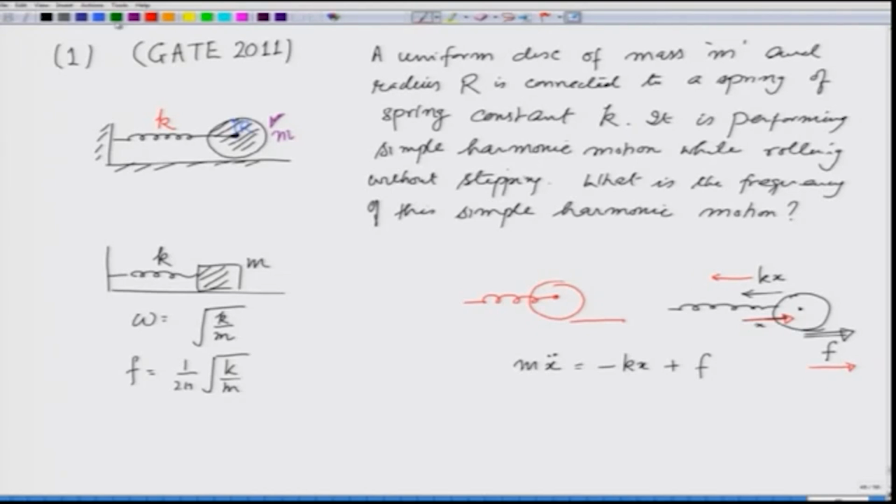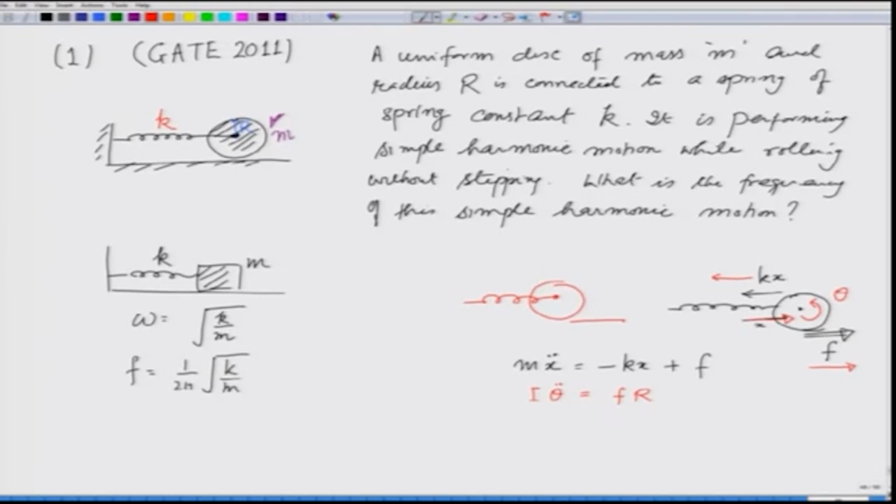At the same time, I have the rolling equation, that is I theta double dot is equal to f r. Now, we have to be careful in this case in fixing the directions. The way I have written it, the theta has a sense of going counterclockwise. Right? That is how Fr is going to give me that kind of torque that I have written.